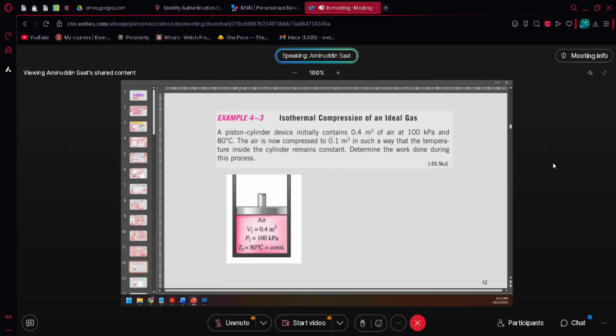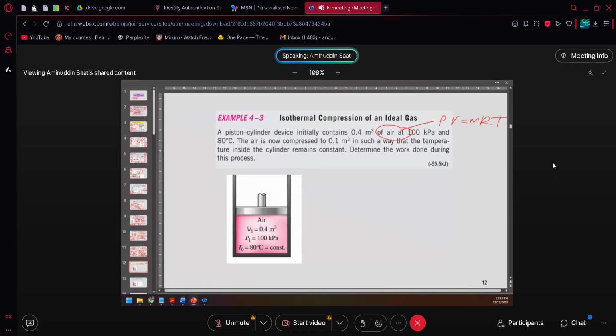But if you look at this example, the working fluid now is air. So we might not use the table properties. We need to use PV = mRT. So for air, we need to use the ideal gas equation, PV = mRT, to solve this problem.